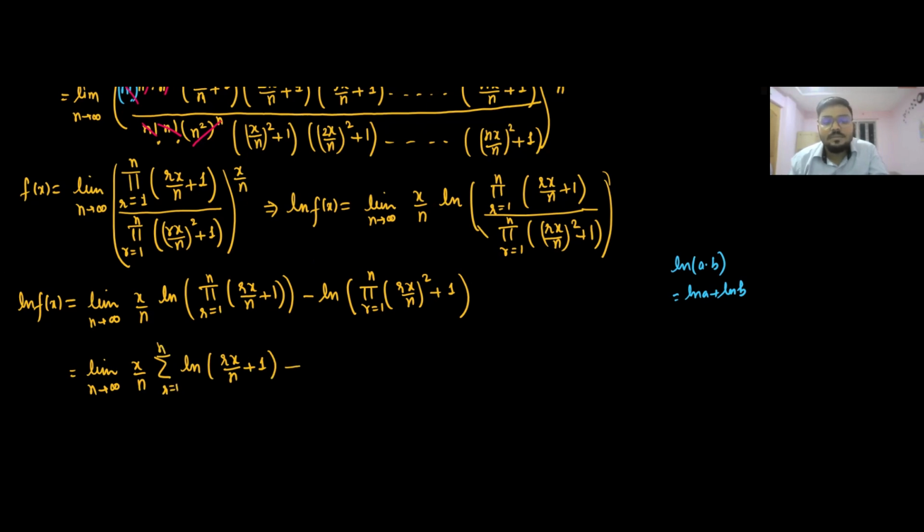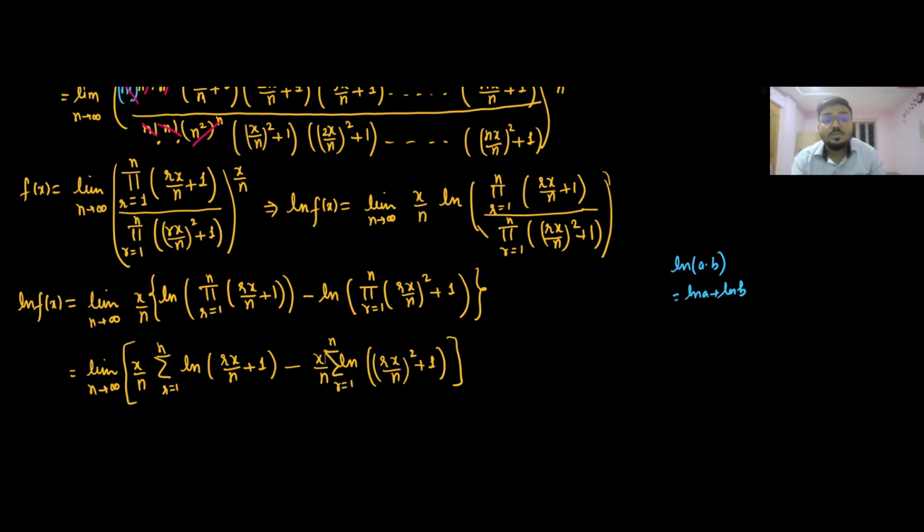And here same thing, minus x by n, that x by n is multiplied to both the terms actually. So x by n ln, we are applying sigma ((rx by n) whole square plus 1), and this sigma is from r equal to 1 to n.